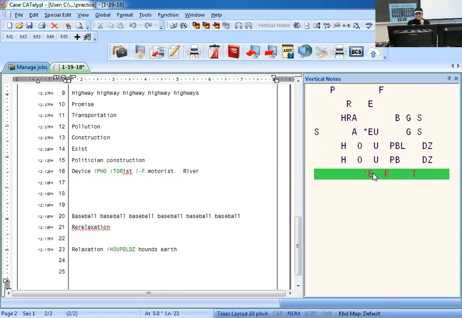Okay, and this is going to be at 60 words a minute. Okay, here we go. You'll find a focal point. This is going to be 60 words per minute.